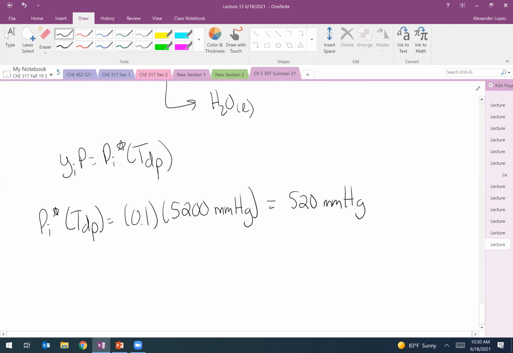How do I find the temperature? Well, I can work backwards using the Antoine equation. Right?